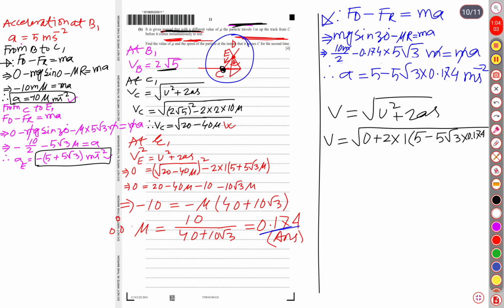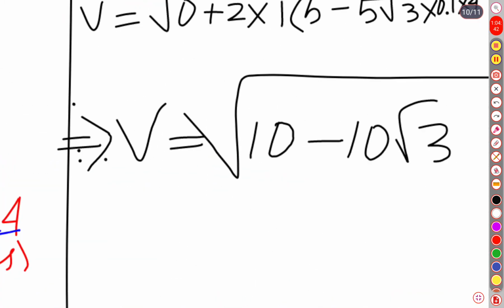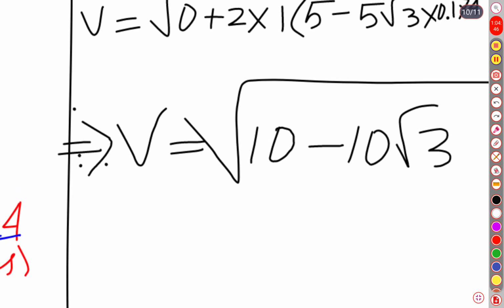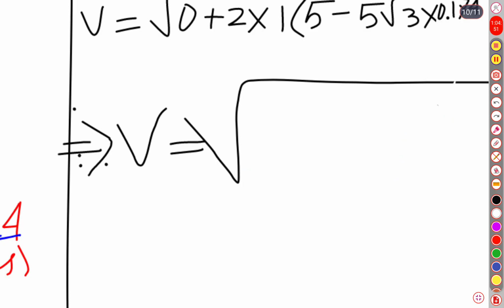So finally, if we calculate our velocity, V equals the square root of 2 ones, 2 fives are 10, so 10 minus 10 square root over 3 into 0.174.